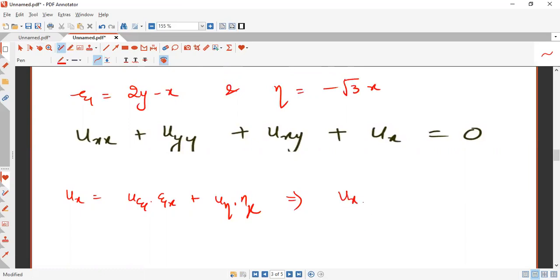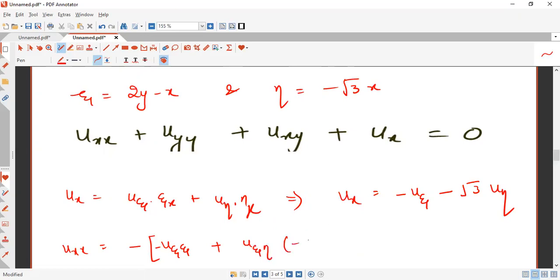So ux will become xi x is minus 1, right? Minus of u xi minus of root 3 u eta. Now uxx will become again minus u xi of xi x is minus 1, plus u xi eta into eta x. Eta x is what?